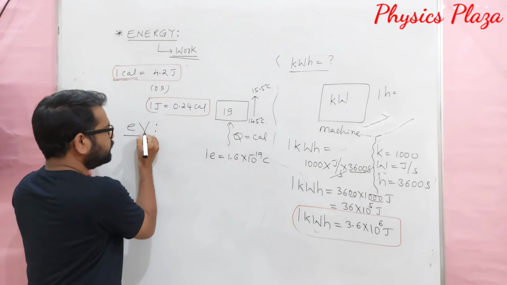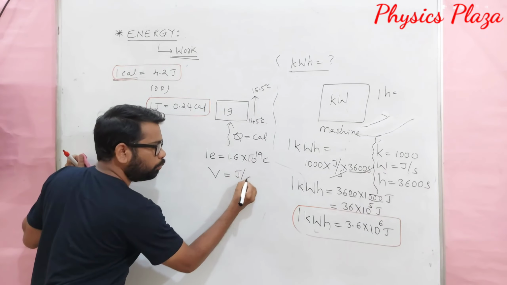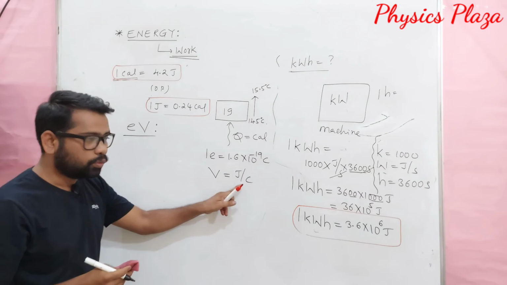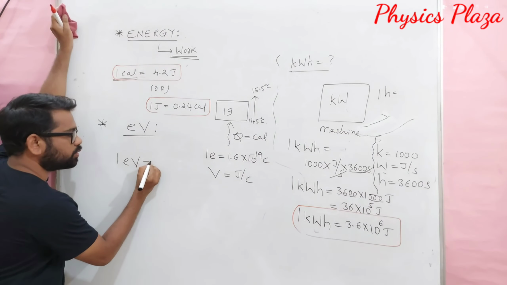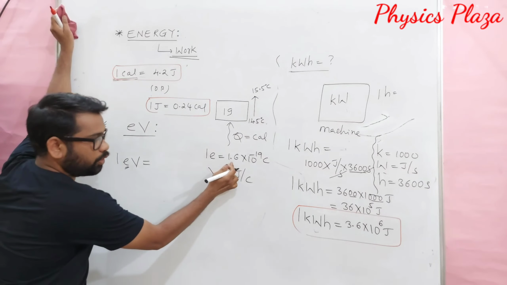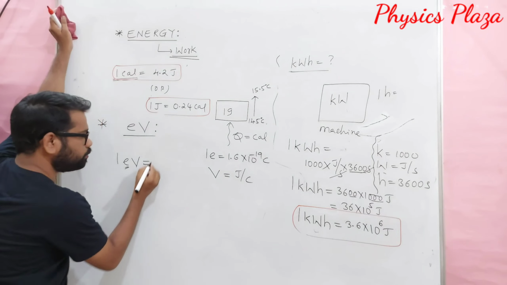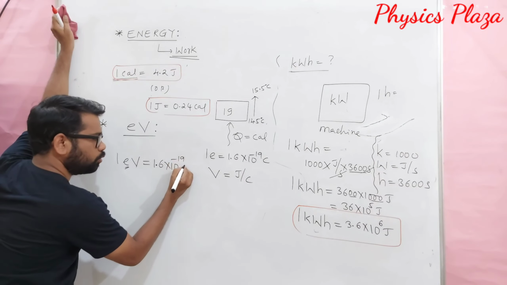Whereas volt, children, is nothing but joule per coulomb. Now let us see, 1 electron volt is equal to how many joules? In the place of the charge, substitute 1.6 into 10 power minus 19 coulombs.